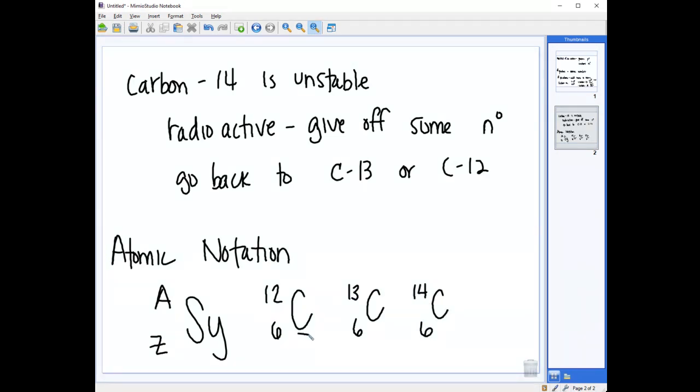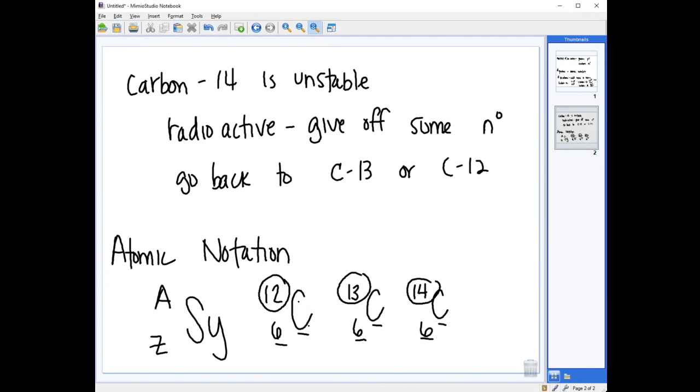Notice that my symbol and my Z, my atomic number, don't change. The only thing that's changing is A, my mass number, because my number of neutrons is changing. Carbon 12 has 6 neutrons, carbon 13 has 7, and carbon 14 has 8.